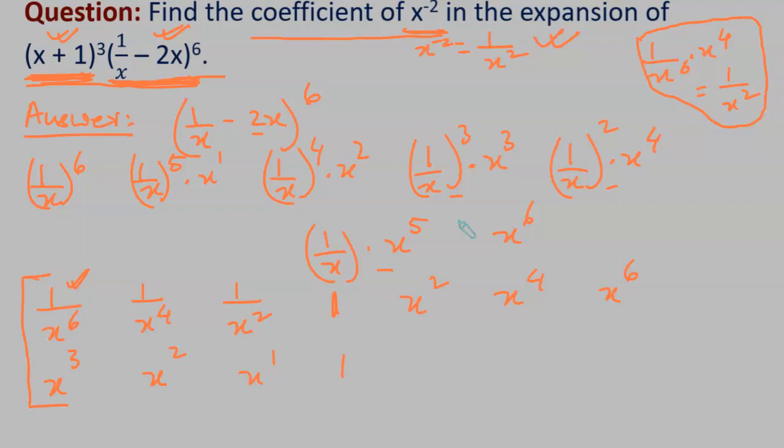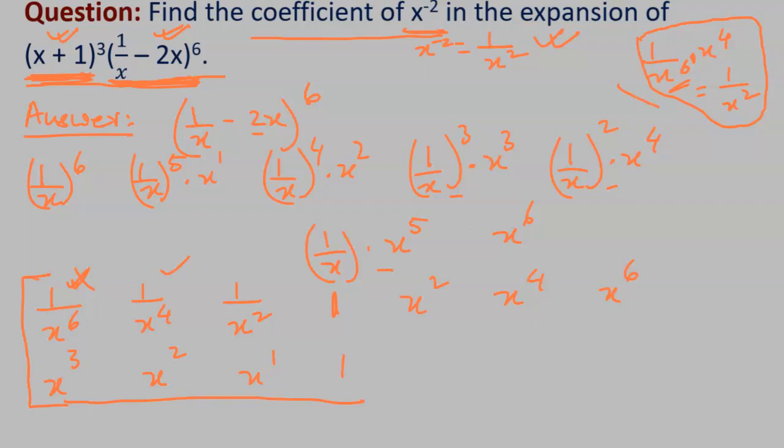Because 1 over x to the power of 6 we are having from this term, this should get multiplied with x to the power of 4, only then can we have 1 over x to the power of 2. But we do not have x to the power of 4 in this expansion. So we cannot take this. We come to 1 over x to the power of 4.